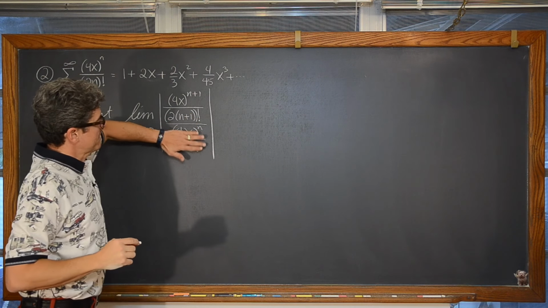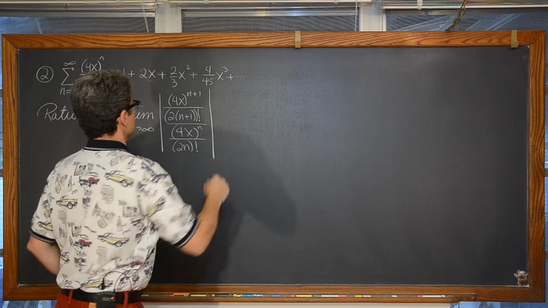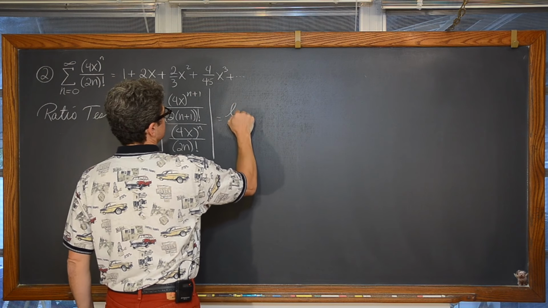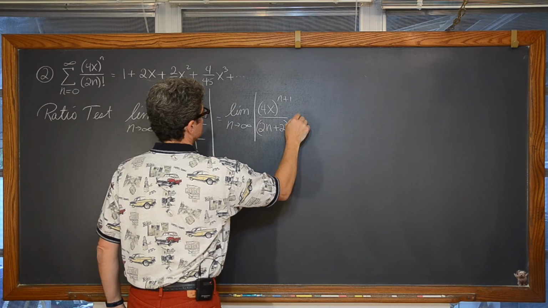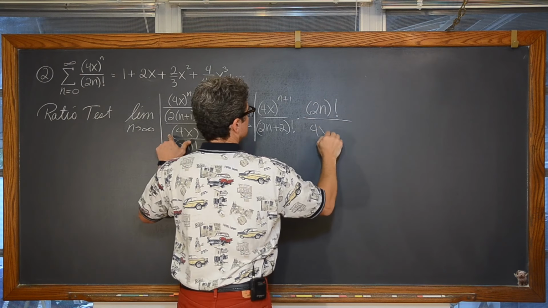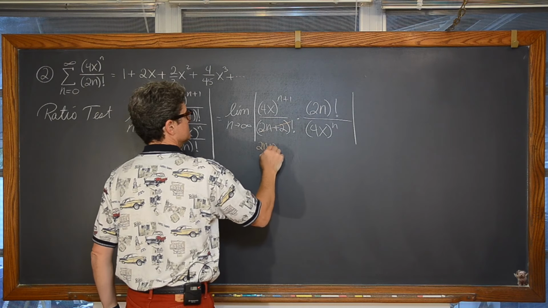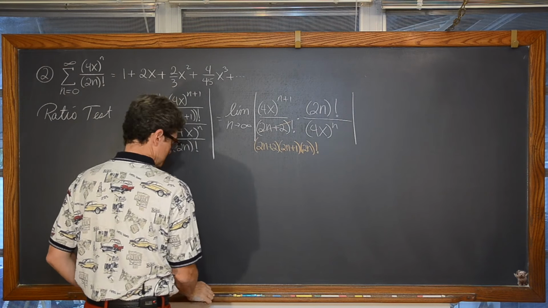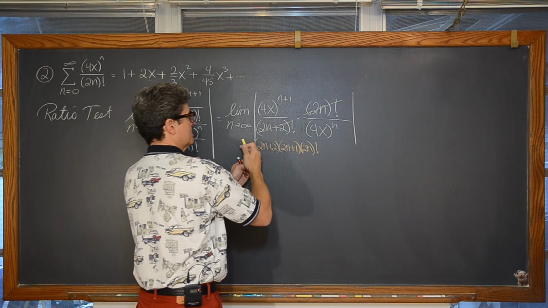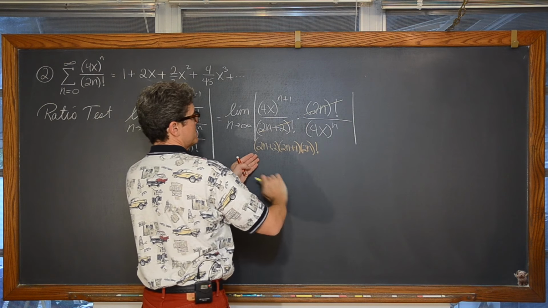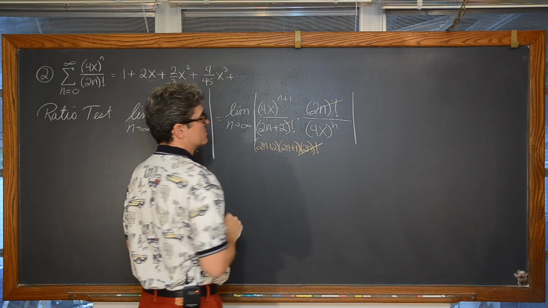Again, instead of dividing by that fraction, we're going to bring it up as a multiple of a reciprocal and clean things up. This factor of 2n factorial, now that we've done a little bit of expansion on that factorial notation, is going to cancel out with 2n factorial.